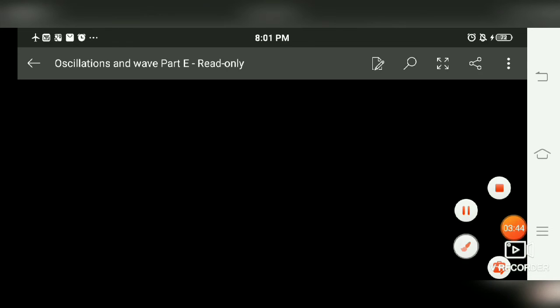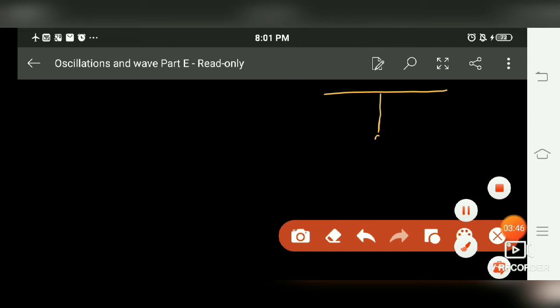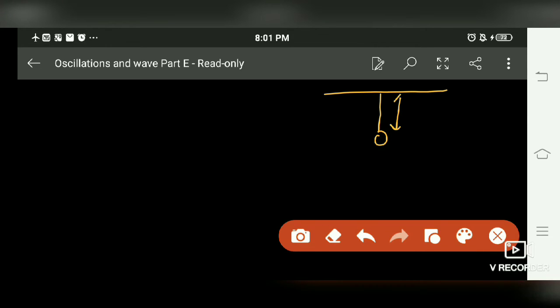Let us consider a pendulum of effective length L. This length is L. Tension is acting in this direction. Let this angle be theta. Mass is acting in downward direction. It will have two components, one in this direction, other in this direction.